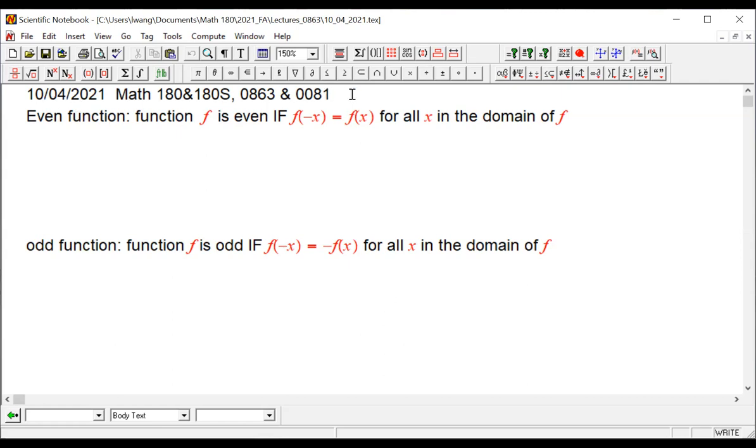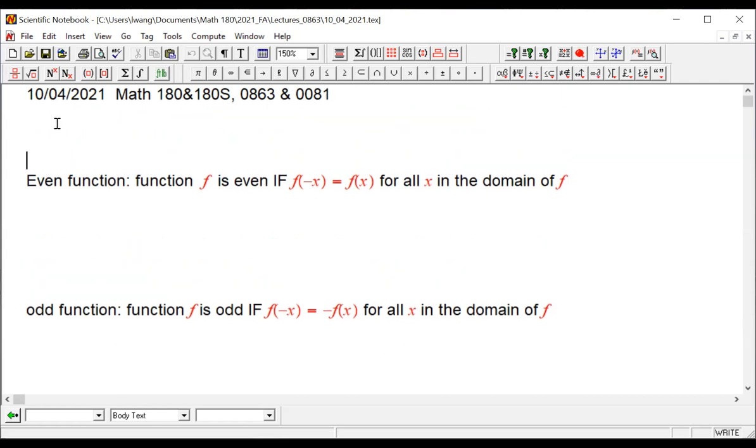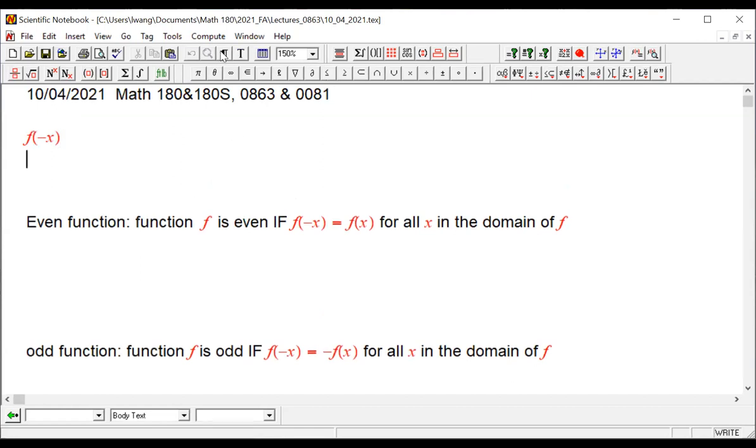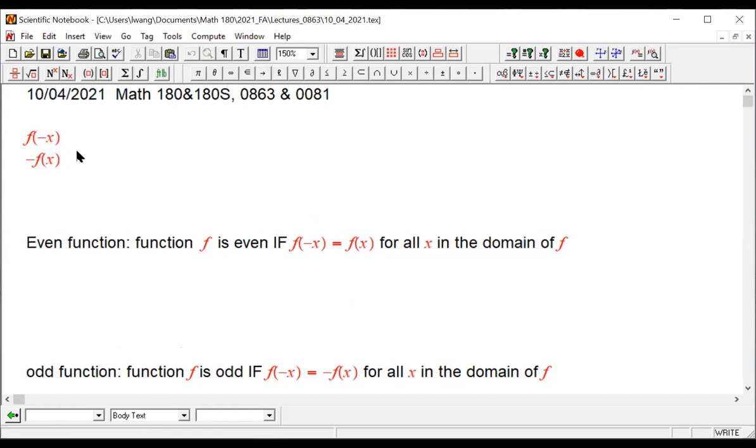So first of all, when we look at f of negative x, just in general, before we talk about even or odd functions, what's the difference between the negative sign inside or outside?